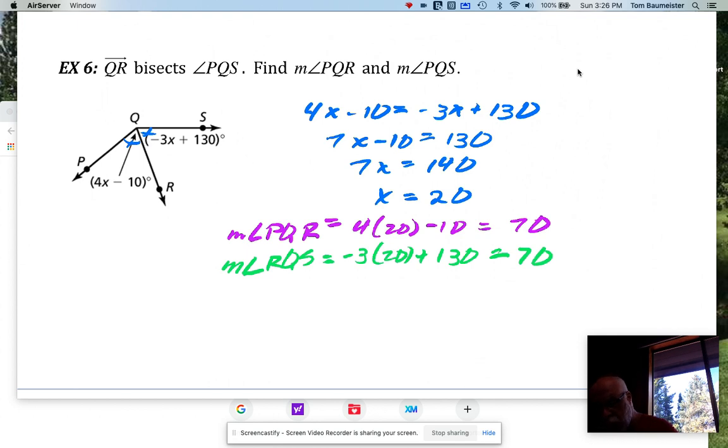And again, I'm pretty sure that when you do it in the online textbook, it'll put the degrees for you. But again, as a check there, does that equal 140?